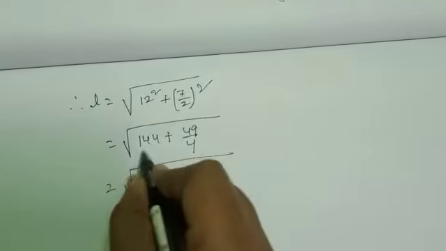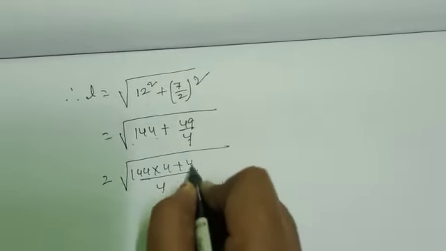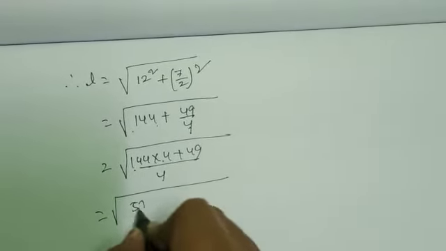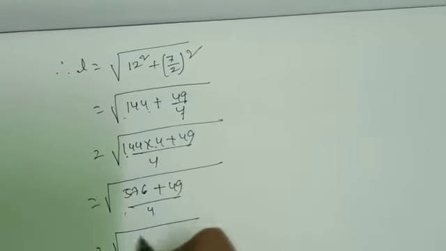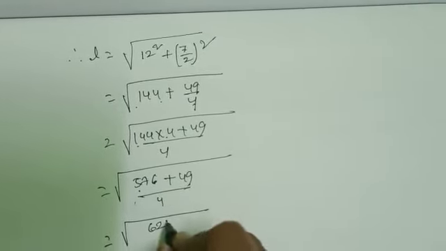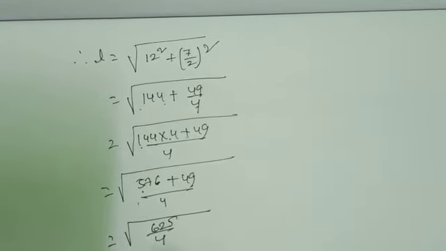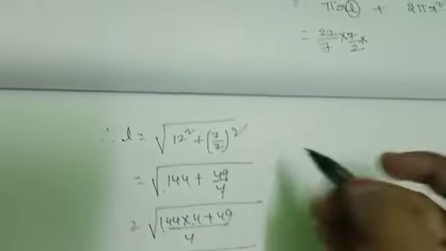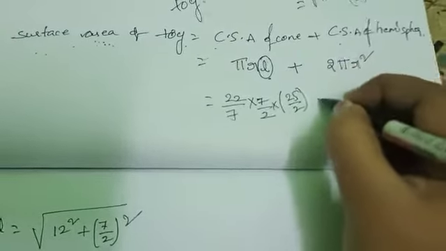Take LCM: 144 into 4 plus 49 by 4, which is 576 plus 49 by 4. 576 plus 49 is 625 by 4. The slant length L equals 25 by 2.